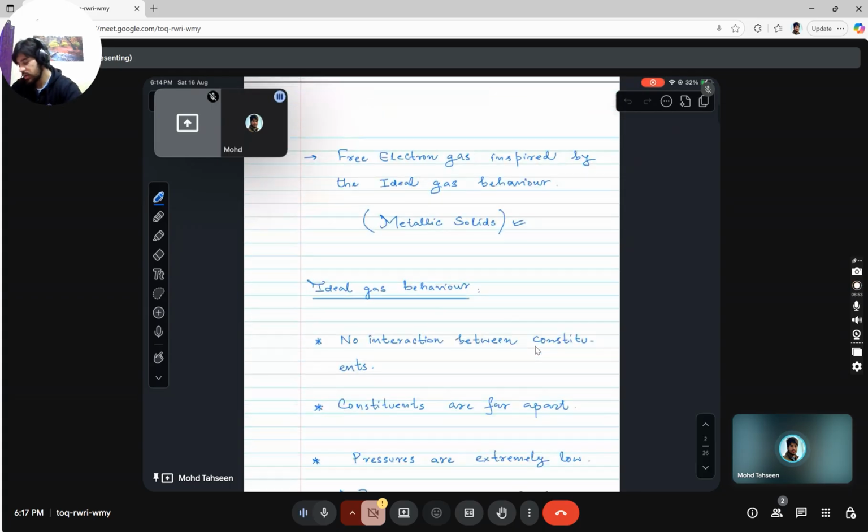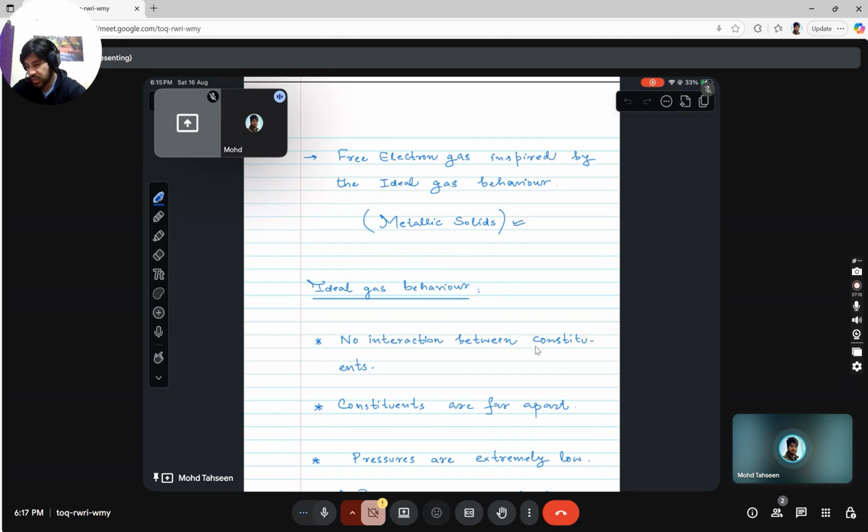Then we made the assumption that there are a lot of free electrons present inside a conductor, and this large number of electrons can be treated as an ideal gas.